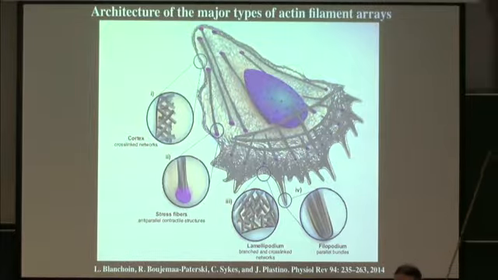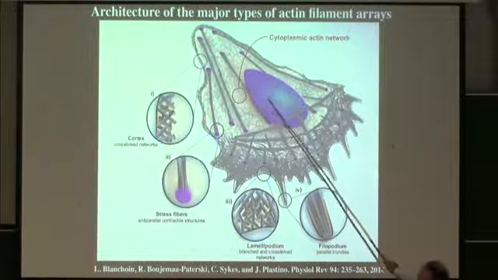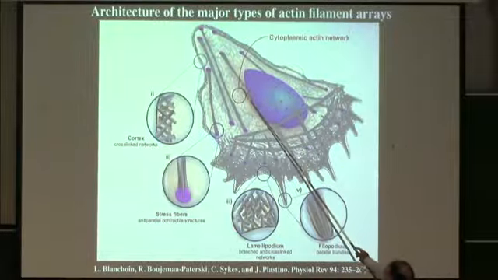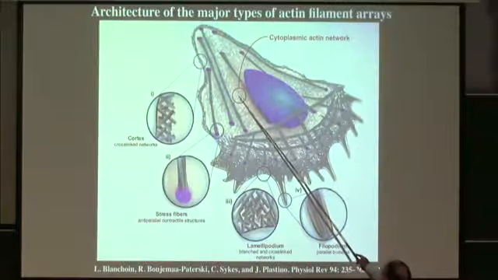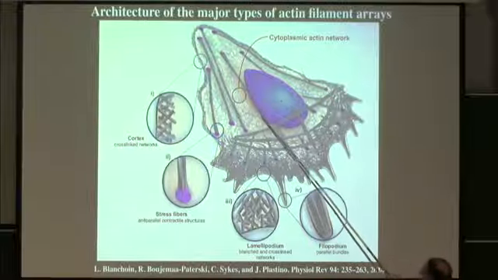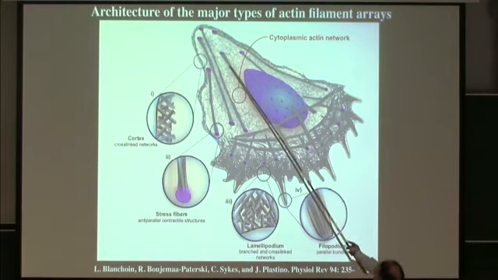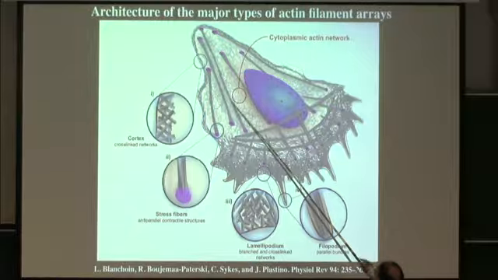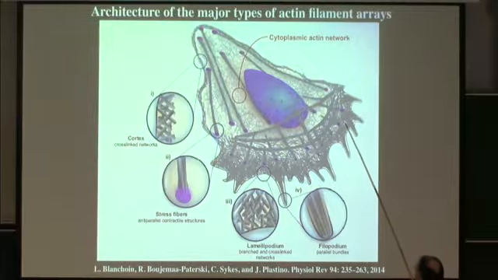So what I'm going to do is first, for pre-warming, discuss how this general network filling the whole cytoplasm is organized. And then the major part of this talk will be how these bundles of actin filaments and focal adhesions emerge and how some order appears.